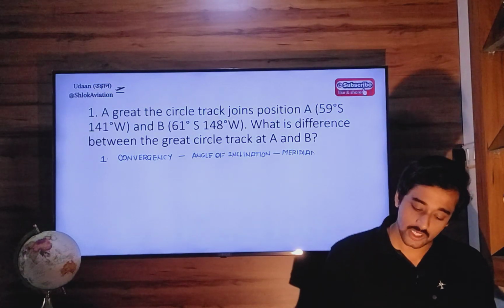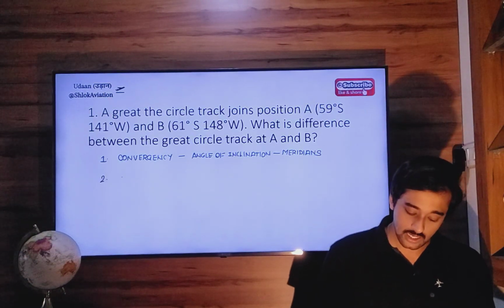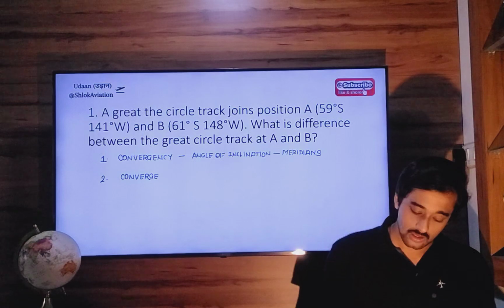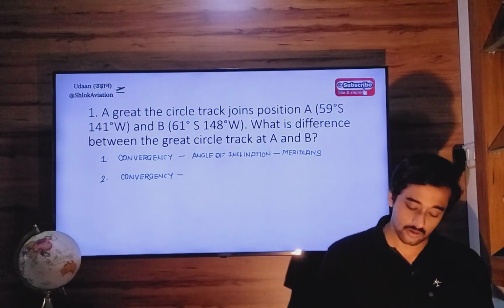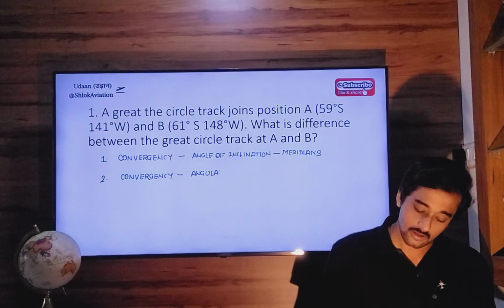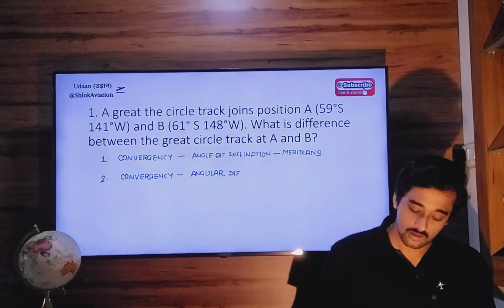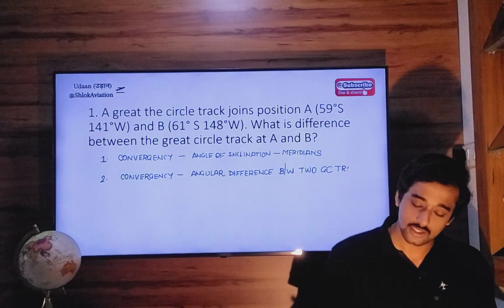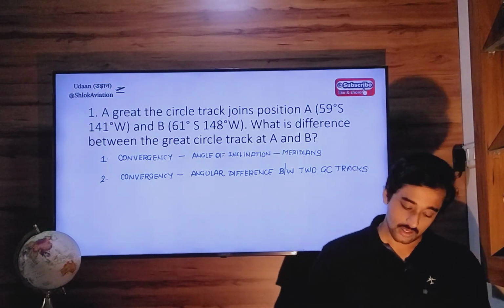And second definition, convergency is the angular difference between two great circle tracks.